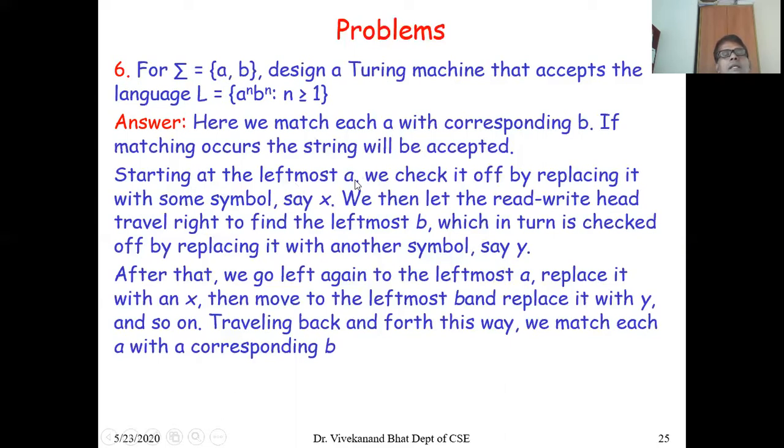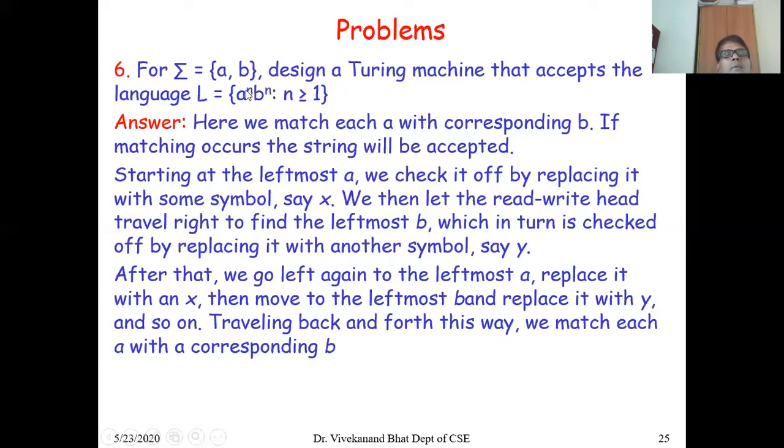So starting at the leftmost A, we check it off by replacing it with some symbol X, and then let the read-write head travel to the right to find the leftmost B. So we have to match each A with the corresponding B. Therefore, after reading A, replacing it by X and moving right to find the leftmost B, which in turn is checked off by replacing it by another symbol, say Y. After that, we go left again to find the leftmost A and replace it with an X, then move to the leftmost B and replace it by Y, and so on.